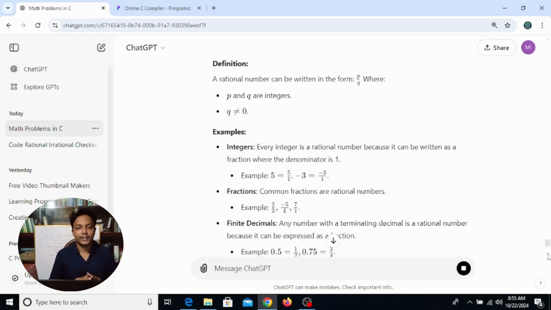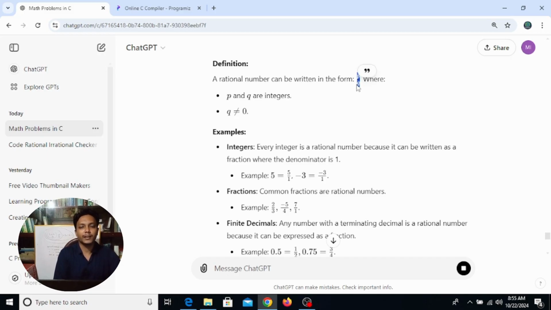If you ask ChatGPT, we get this answer: a rational number can be written in the form p by q, where p and q are integers. When you divide any number with another integer, the prerequisite is that the number below, q, can't be zero.